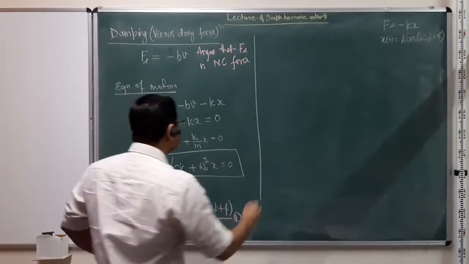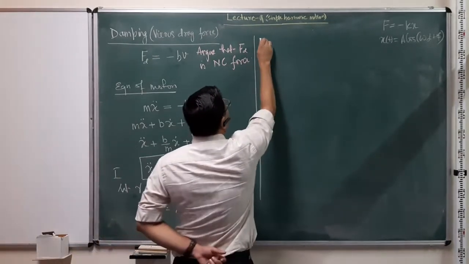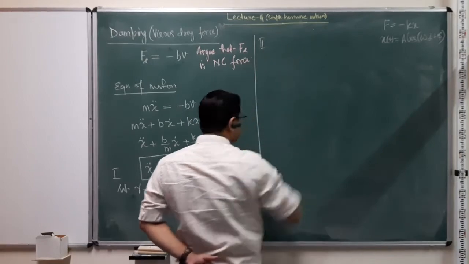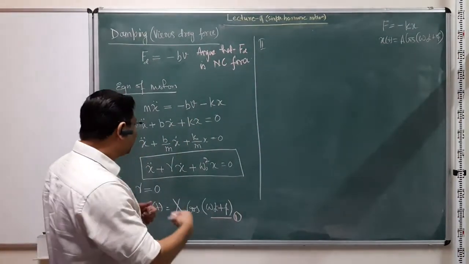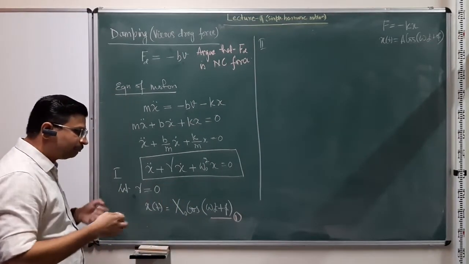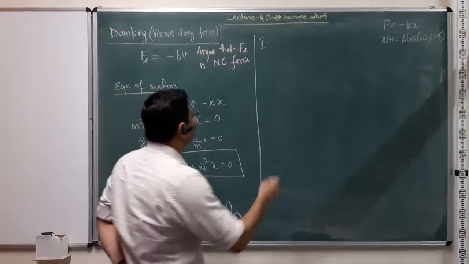Now, in the other case, let us say there is no restoring force, right? So the particle is basically simply under the influence of, so there is no restoring force, and there is a viscous drag, right?